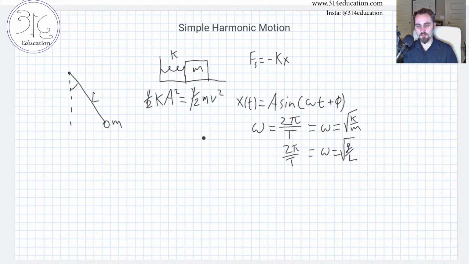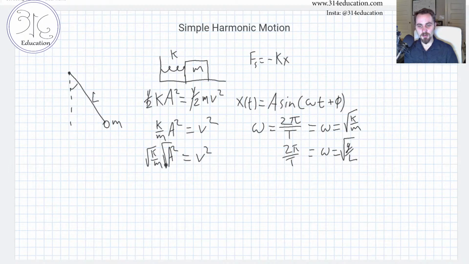We'd divide both sides by 1/2, divide both sides by m, so we get k over m times A squared is equal to v squared, and then we take the square root of both sides. So we get the square root of k over m times the square root of A squared. Those are under the same square root, but I just split it up because they commute.